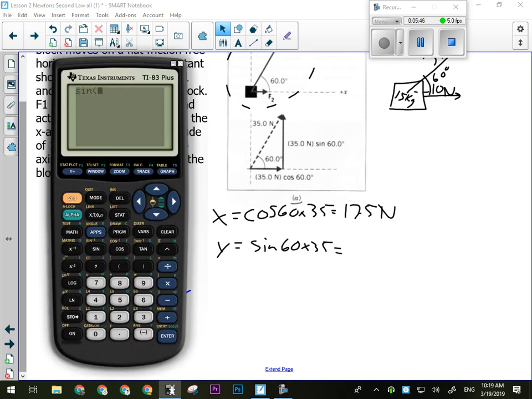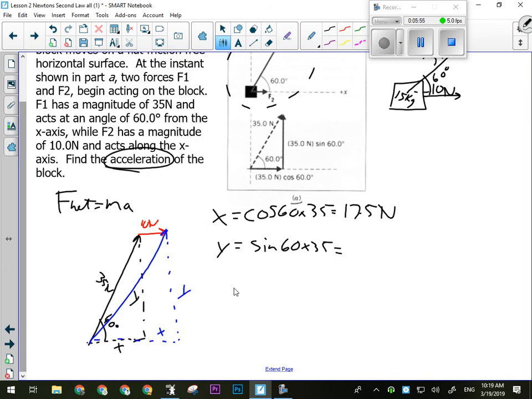Sine of 60 times 35 is 30.31 newtons. This one is positive, we'll just say positive and positive for now. Everyone all right with that? Then obviously red X is 10 newtons, and red Y is 0.